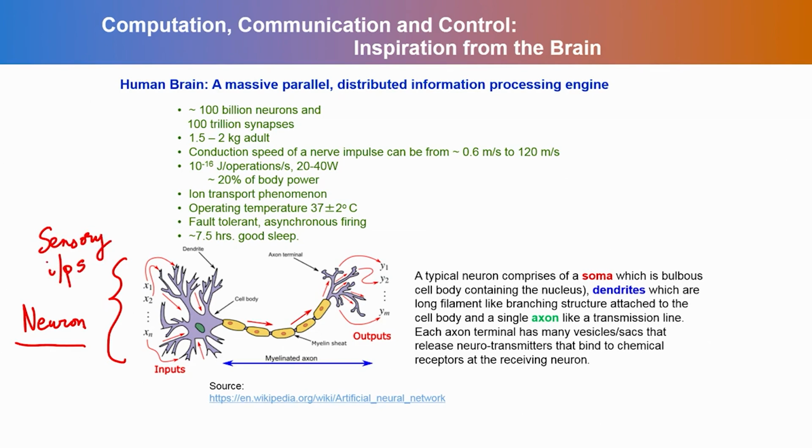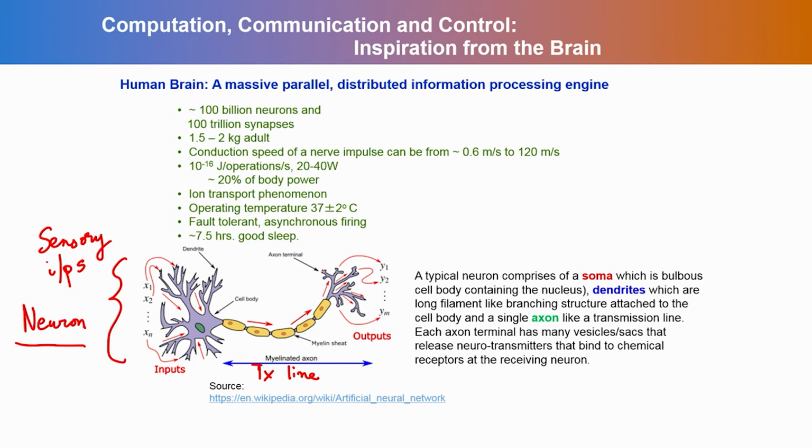We have a single axon which is sort of like the transmission line that we are aware of in electrical systems, and this is about 1000 times the size of the cell body in terms of length, and each axon terminal has many small vesicles.